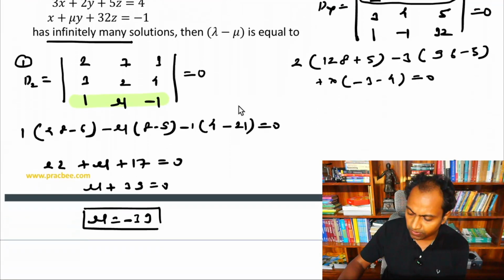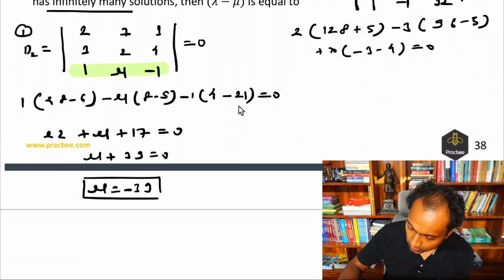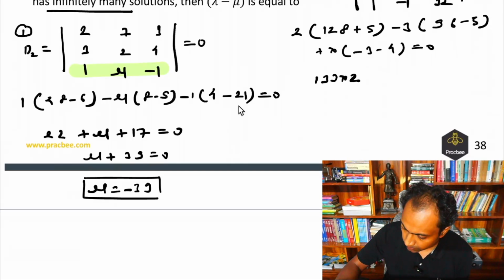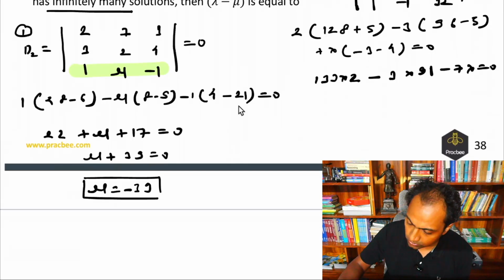Now, let us simplify and get the answer from here as well. So, 128 plus 5 will become 133 into 2, then minus 3 into 91, and the last part will become minus 7 lambda equal to 0.